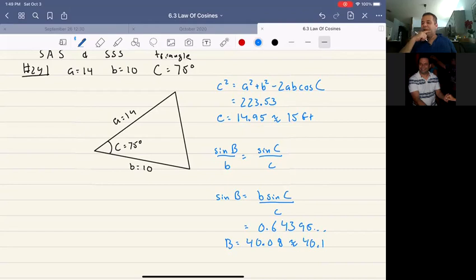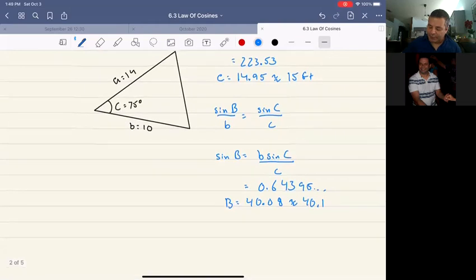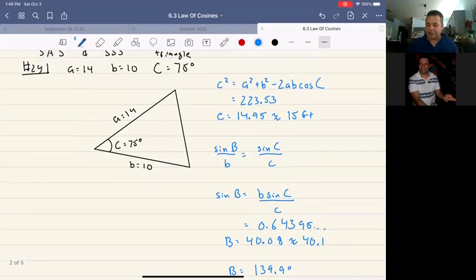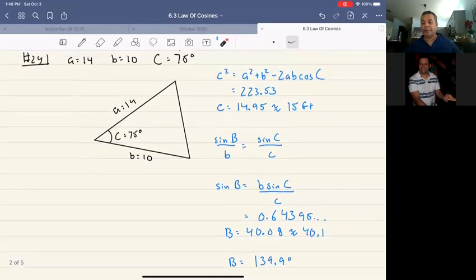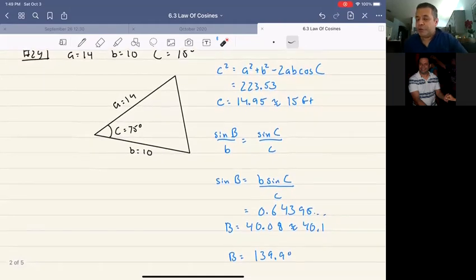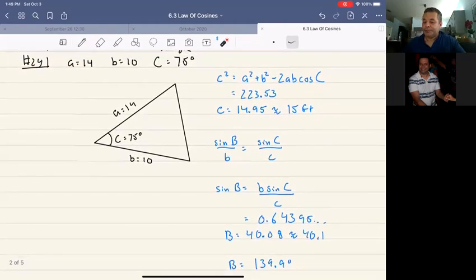Now, here's my question. What about the other angle? What about B equaling 139.9 degrees, which is 180 minus this 40.1? I'm going to argue that you should be able to see that it's not going to work. Why? Two reasons.